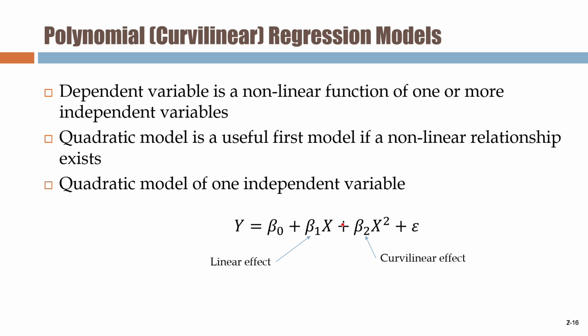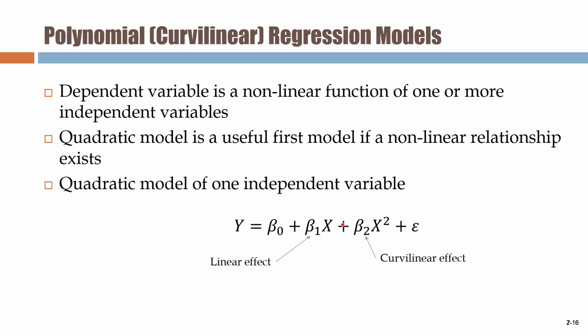We already saw some square terms, and I just mentioned we consider the x square as a new variable. That's why this is still linear regression. The dependent variable sometimes has a nonlinear relationship with the independent variable.